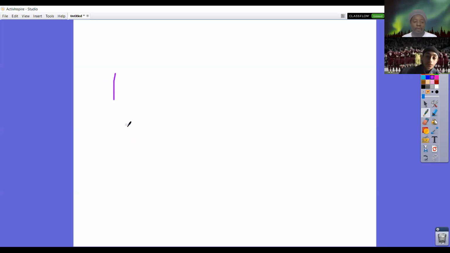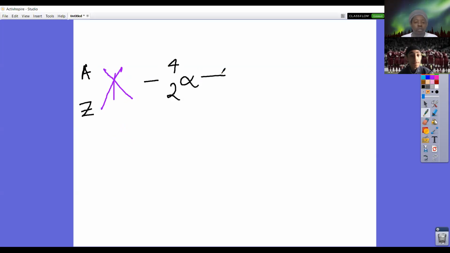So if I have an element and it loses an alpha particle, let me call this element X, and I'm going to use my notation here, which is A and Z. An element X loses, or emits, an alpha particle. Are you happy with that? It's going to form a new element, which I'm going to call Y.